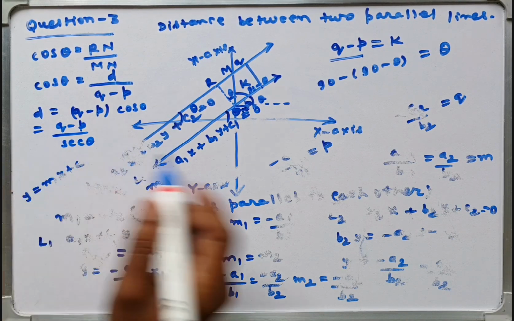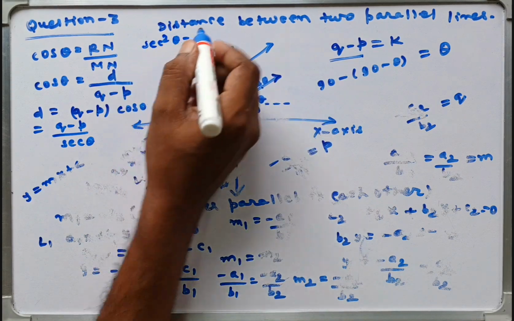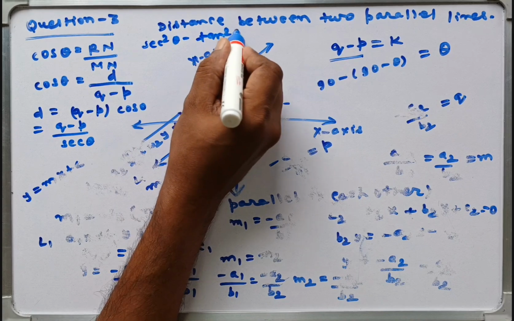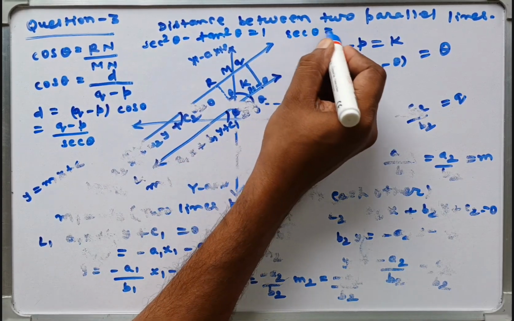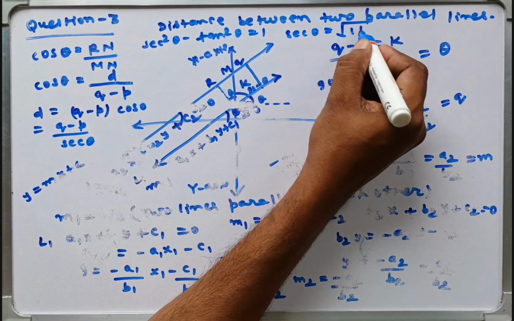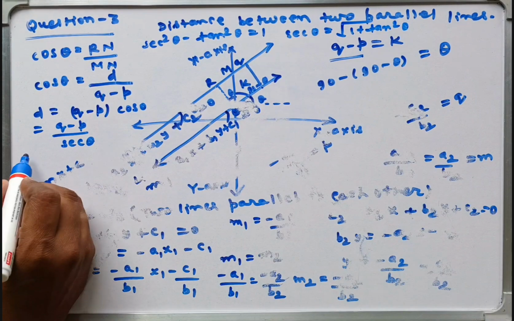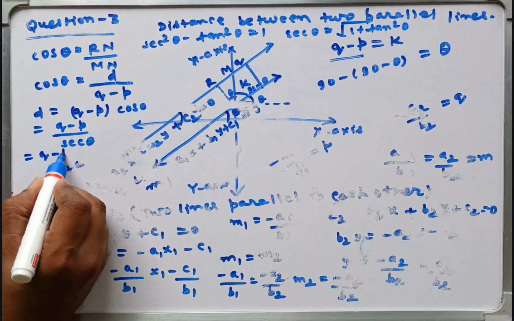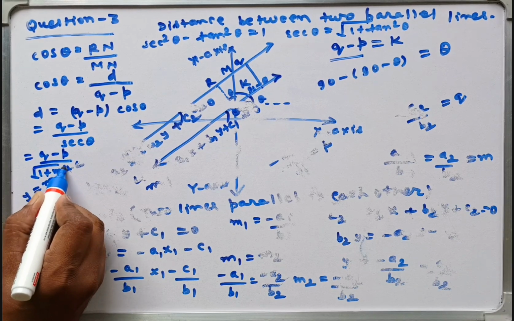You know in geometry sec square theta minus tan square theta equals 1, so sec theta equals under root of 1 plus tan square theta. So we can write q minus p divided by the square root of 1 plus m square.